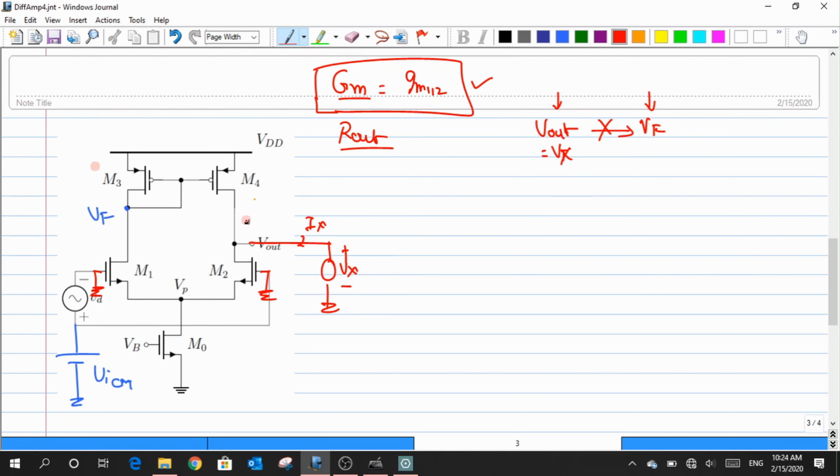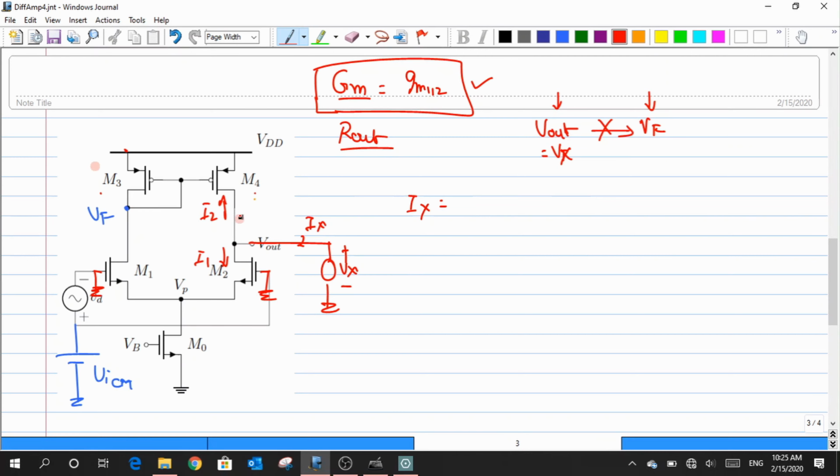Now, the current Ix could be split into three current components. Okay. So one is the current that flows through this M1 all the way to the ground. Okay. So let me take it as I1, and the other current is the mirroring current. So whatever the current that flows in this particular path through this M3 and M4 mirror combination, I would end up having appearing here, right? So, okay. So this I2 is nothing but my I1 itself, just because of the mirroring.